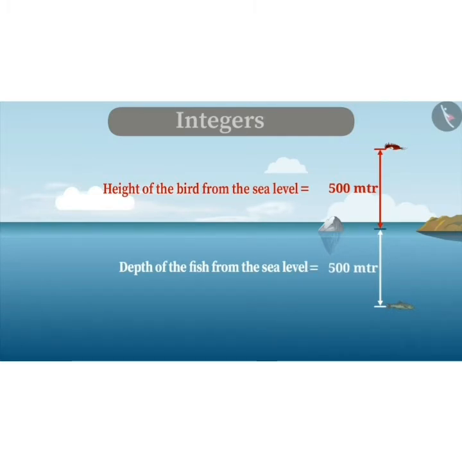But this is an incorrect way to represent their differences because both are situated in opposite directions. The bird is above the sea level, whereas the fish is below the sea level. Since whole numbers are incapable of representing this kind of situation, we use integers.